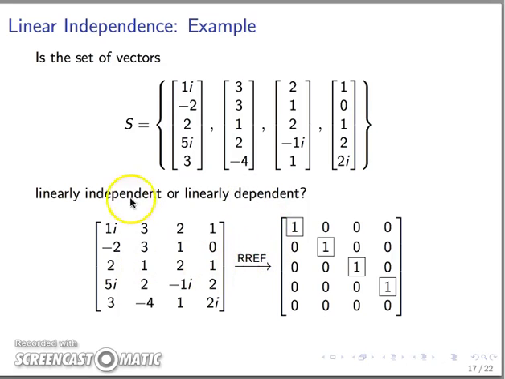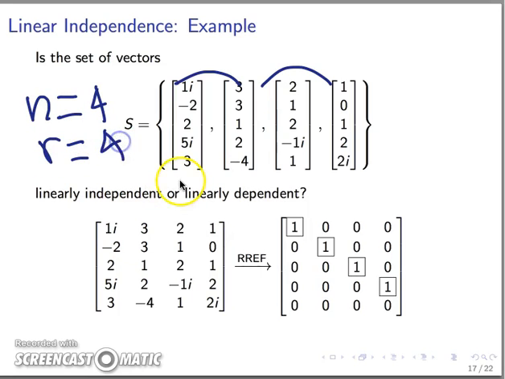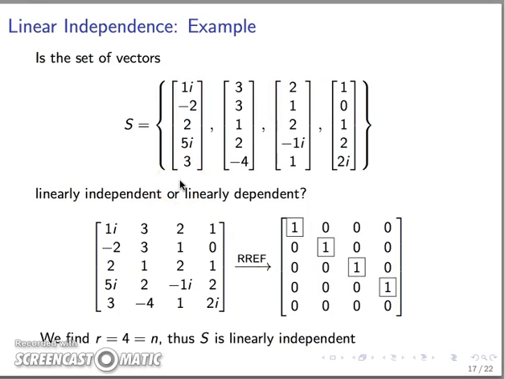Compute the RREF of this matrix whose columns are defined by the elements of this set. And remember, here we're starting with the number of columns equals 4, and we're finding that the number of non-zero rows in the RREF is also equal to 4. So because they match, we would classify this set as a linearly independent set.